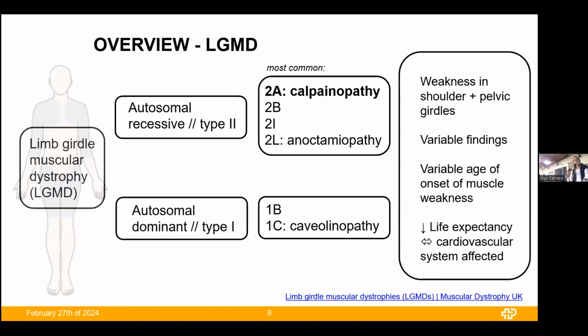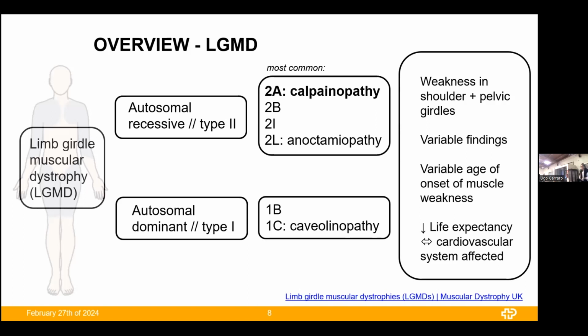Moving on to the case presentations, I would like to start with one case about limb girdle muscular dystrophy. There are 2 different categories again, the autosomal recessive type 2 and the autosomal dominant type 1. Then there are even more subcategories that I'm not going into in detail, but the main symptoms consist of weakness in the shoulder and pelvic girdles.